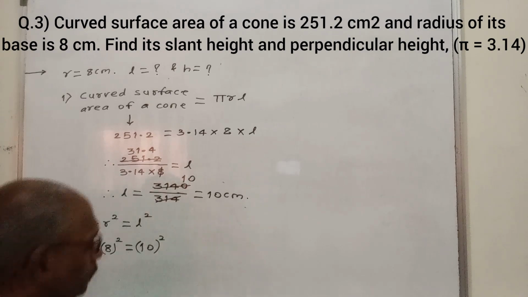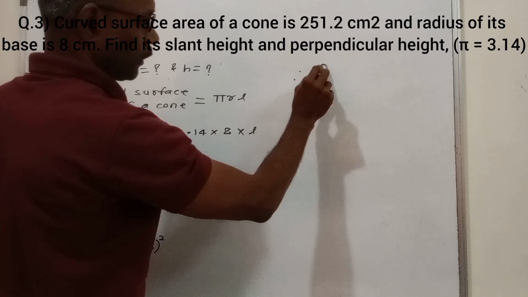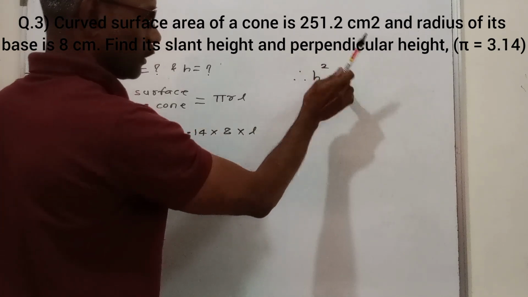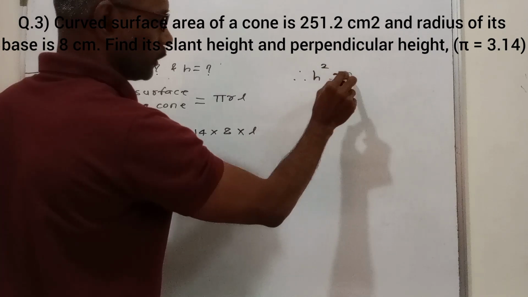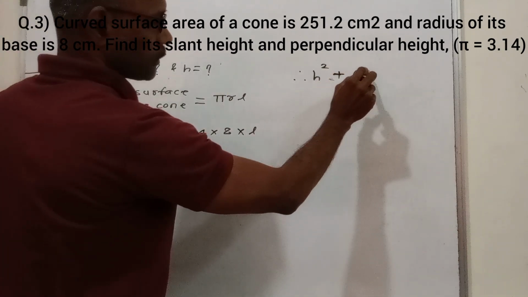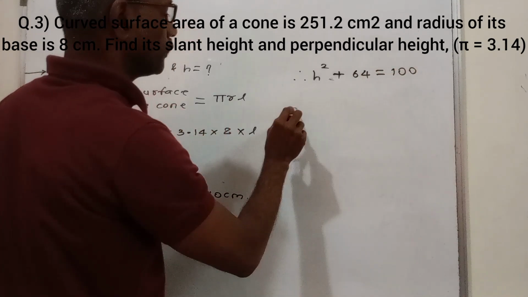Therefore h square plus 8 square, 64, is equal to 10 square, 100.